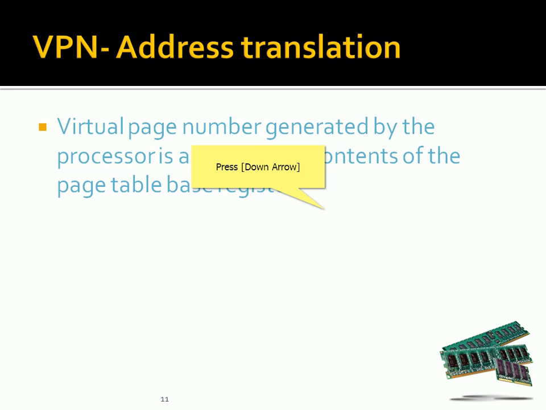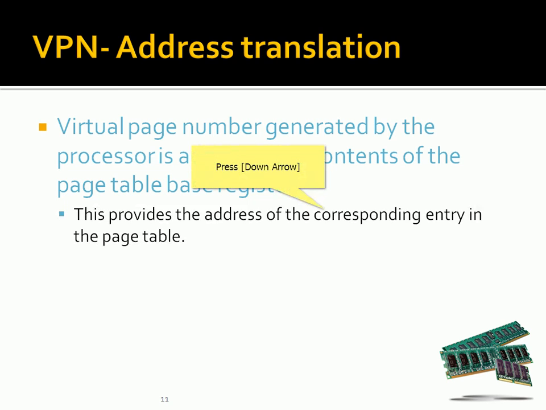And the offset is how far from the starting address, how far from the first location of the data. In a page table there is a first location, and from that there will be a distance. That is called the offset, which is taken from the virtual or logical address generated by the processor, that is, the lower bits of the logical address.